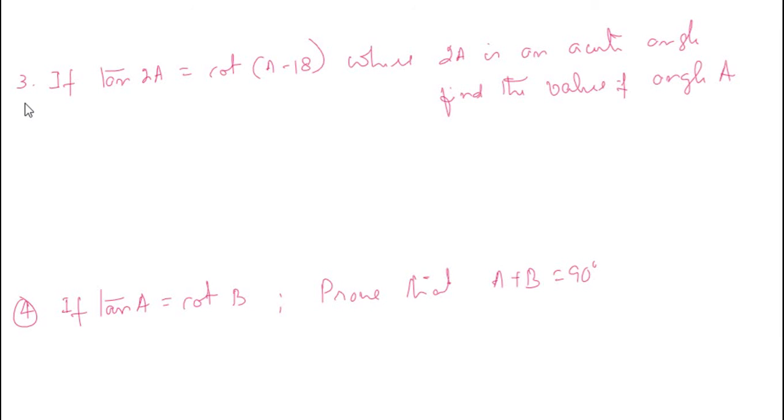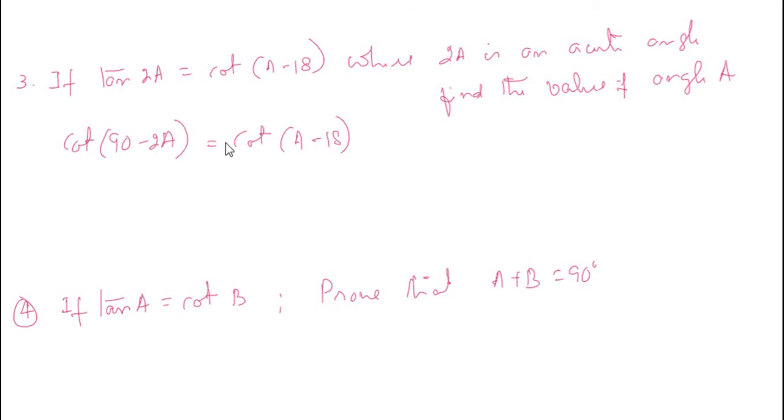Third one, if tan 2a equal to cot a minus 18, where 2a is an acute angle, find the value of angle A. Now tan 2a is also equal to cot 90 minus 2a. We know cot 90 minus a is tan a, so cot 90 minus 2a equal to tan 2a. That is equal to cot a minus 18.